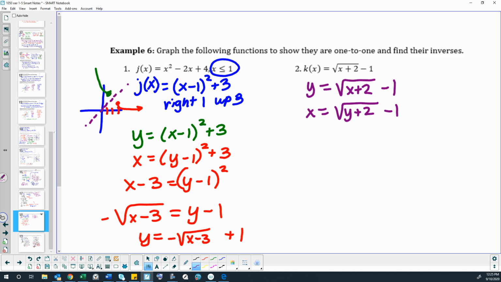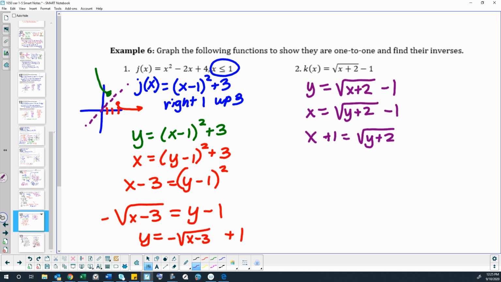Okay, just want to make sure we're awake. Carlos, what should I do first? I think that you need to get the 1 over the other side. Perfect. So what should I write? X plus 1. Perfect.